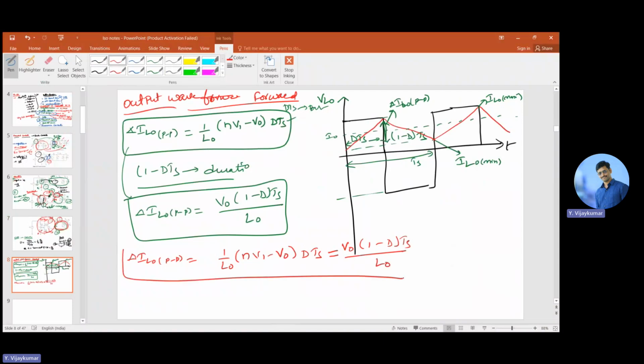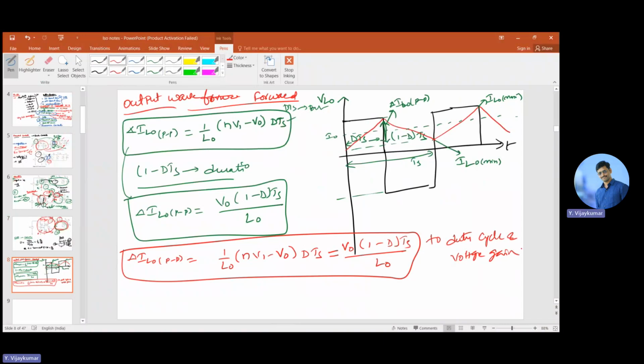So this is the expression for the peak to peak current for both intervals, the on interval D times Ts and the off interval 1 minus D times Ts. Solving these two equations, we get the relationship between duty cycle and voltage gain.